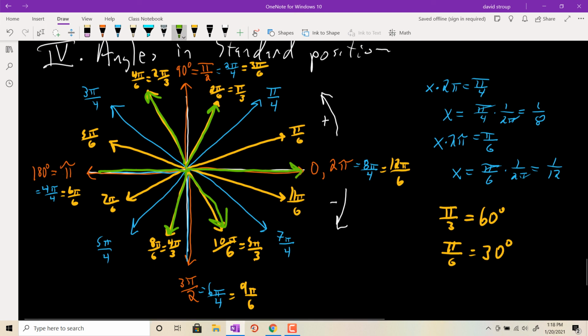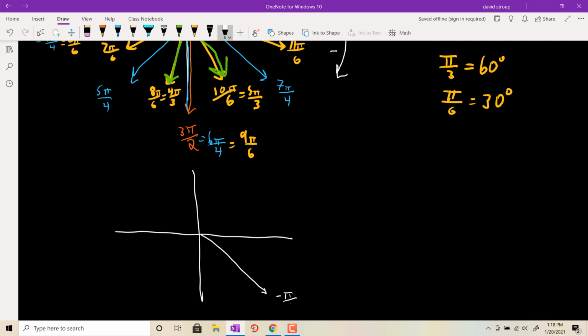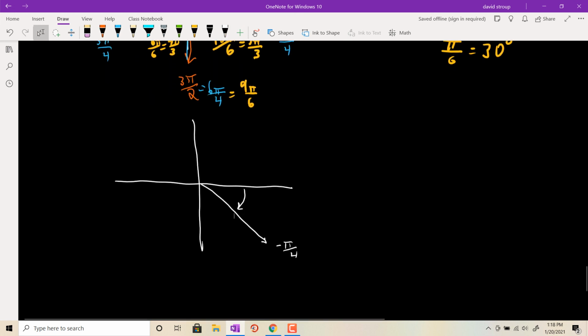What else? So going in the other direction, you're just moving negative. So if you wish, maybe I can scroll down and get this. That picture's getting a little overwhelming there. If you want to go in the other direction, this would be negative pi over 4. This angle right here, and then negative 2 pi over 4 would be right here, which is also negative pi over 2, of course.